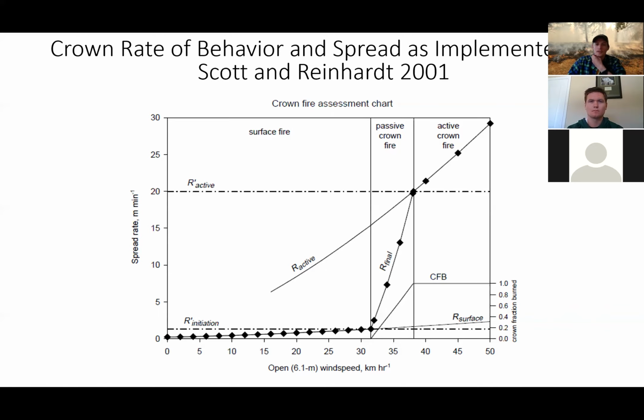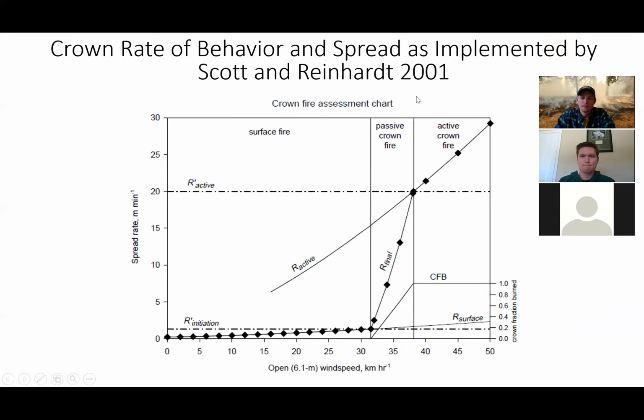And I think there are probably arguments on either side of how justified this linear relationship is, and it probably varies a lot from fire to fire. So just maybe a little caution in this passive zone. But anyway, that's the Scott and Reinhardt method that we can use in Behave.